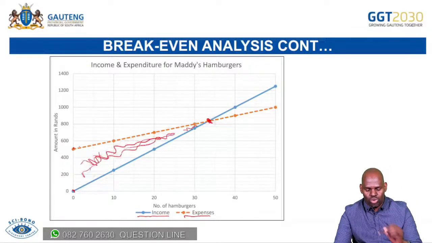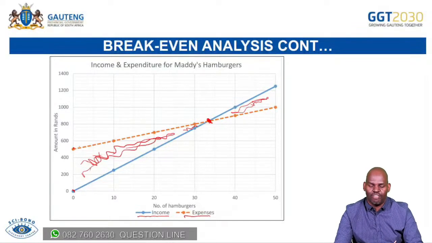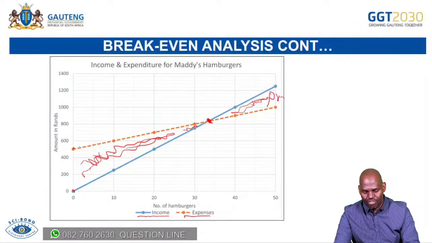Then the two graphs continue. In this part, you are now going to have a profit because the amount of income is now bigger than the amount of expenses. So in this one you'll be making a profit, but in this one you'll be making a loss.